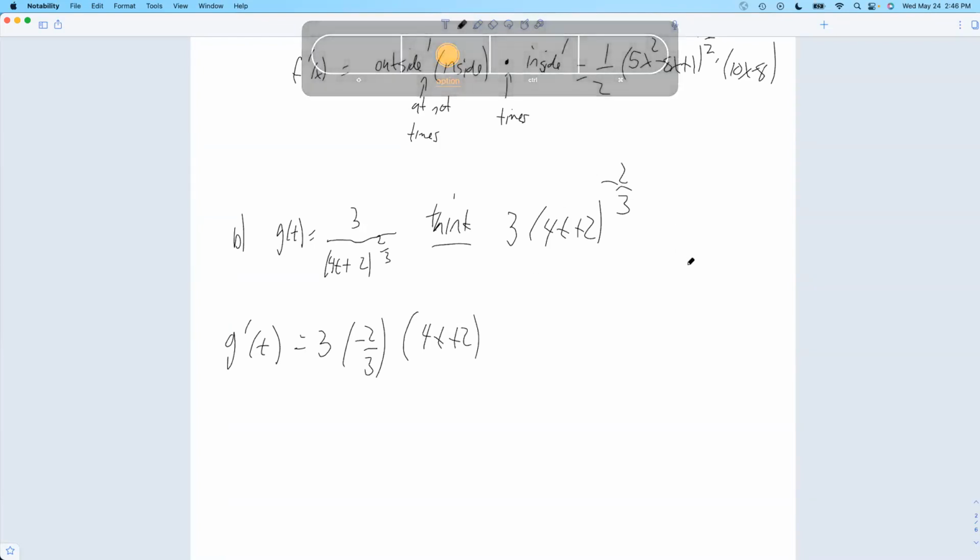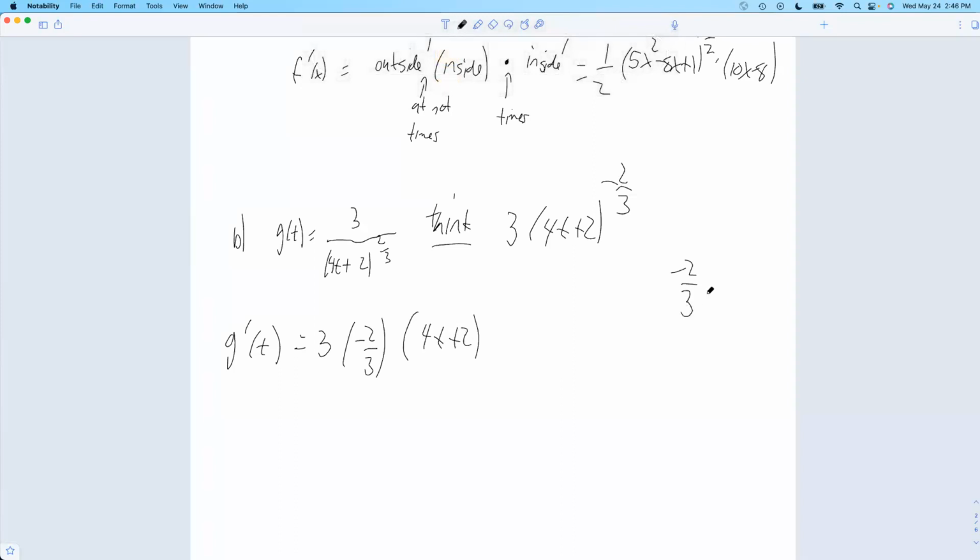So over here on the side, I'm going to think negative 2/3 minus 1 would be negative 2/3 minus 3 more thirds. That's negative 5/3. Times, here's where people make mistakes.